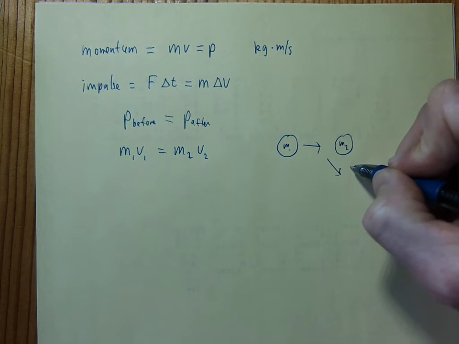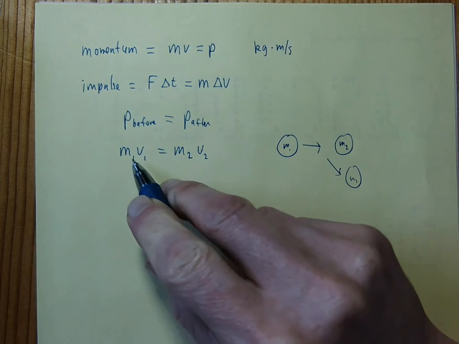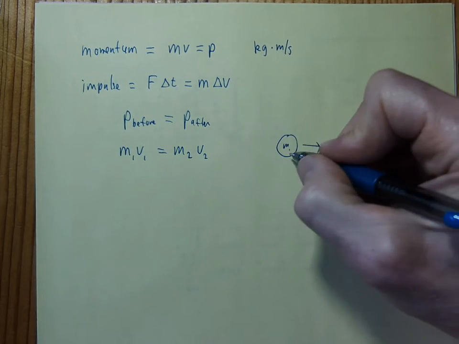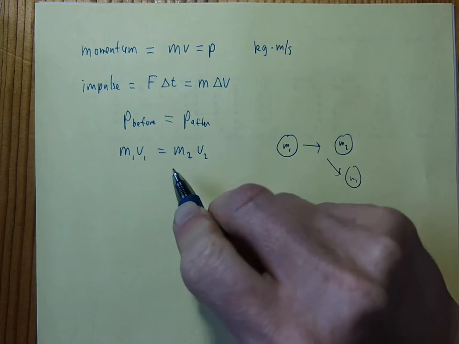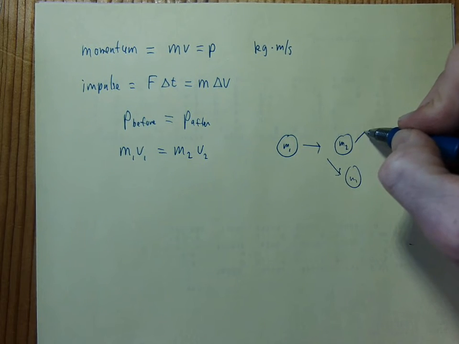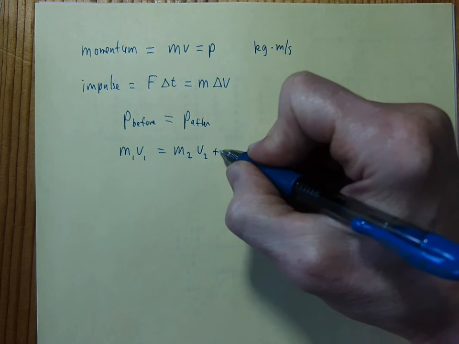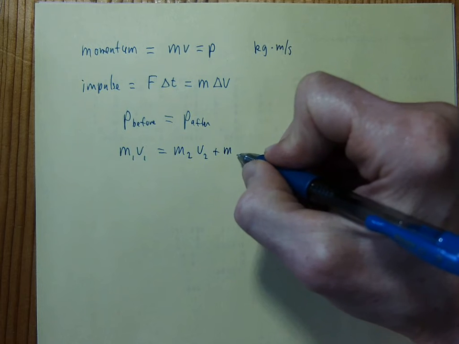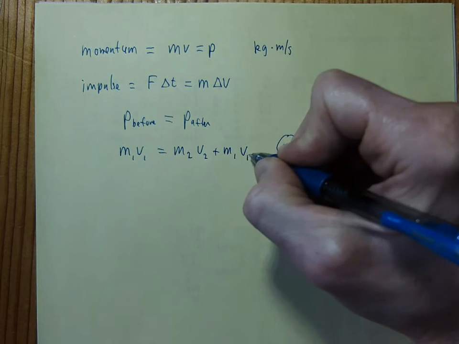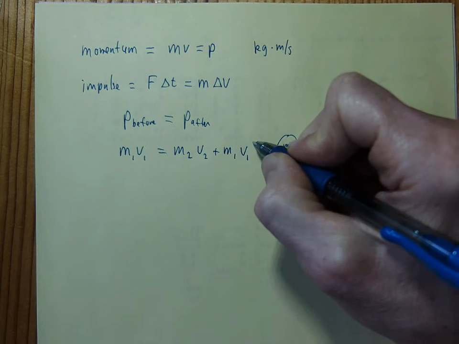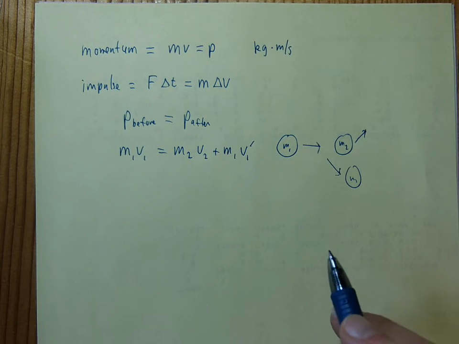So now our M1 is going off this way. We'd say the momentum of the first one, because it's the only one moving in the beginning, is equal to the momentum of the second one, because it goes rolling off, plus the momentum of the first one, which has a new velocity, so we can call that m1 v1 with a little prime or something.